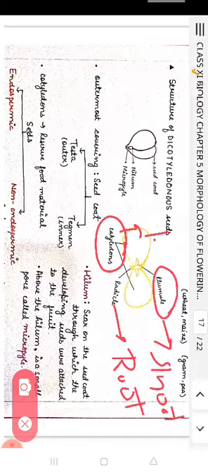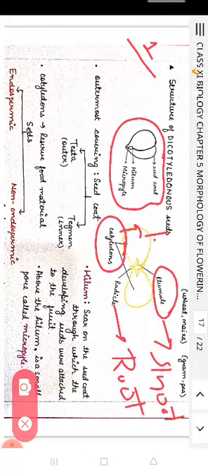This is the structure of a dicotyledon seed. Important: you can see the seed of a gram, hilum, micropyle, and the outer layering is known as the seed coat. The outer covering of the seed coat is testa, and the inner covering is known as tegmen.